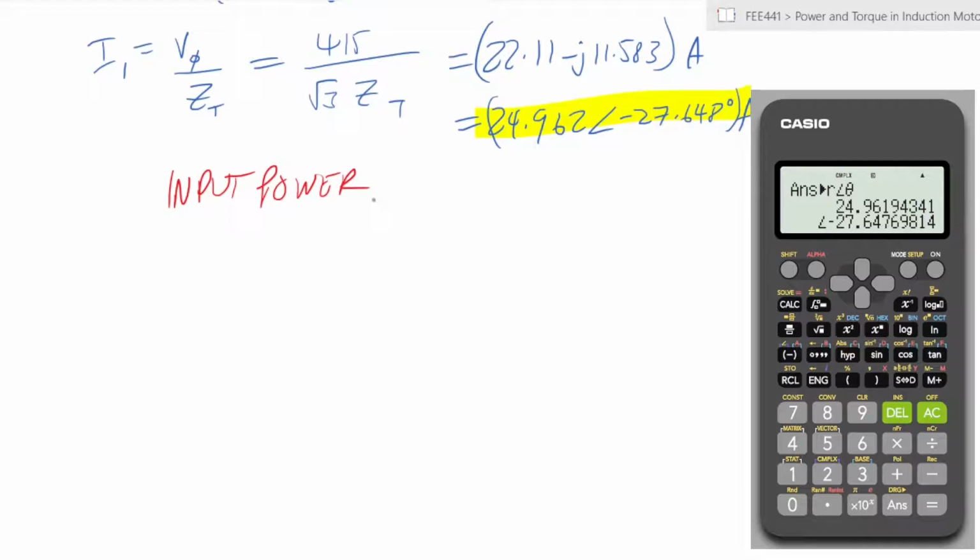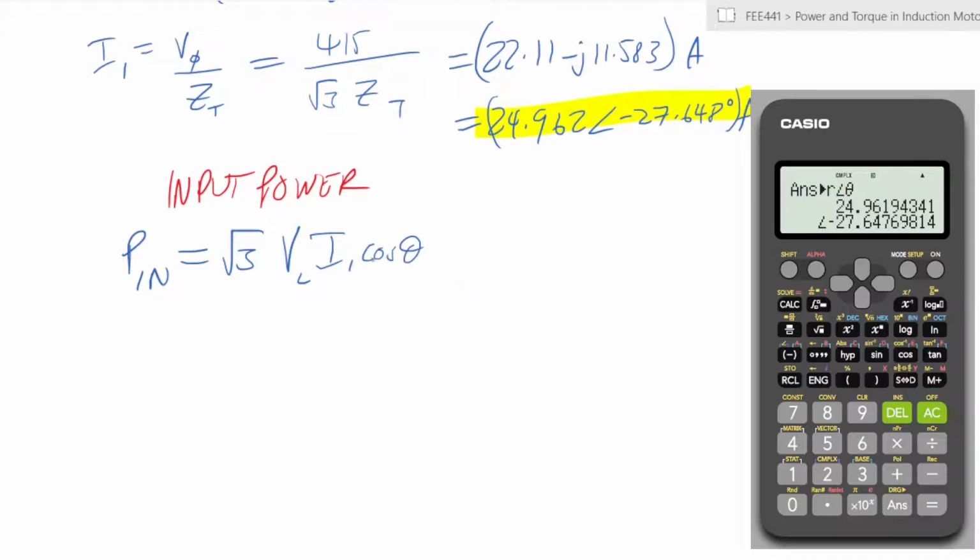So input power will be given by, you already know the voltage and the current at the source. So it can be given by root 3 times V, which was our line voltage, let's label it VL, times I1 times cos theta, which is our angle that we received here.